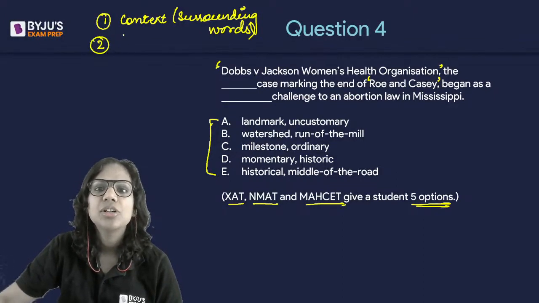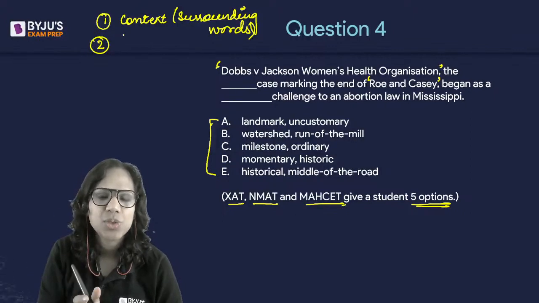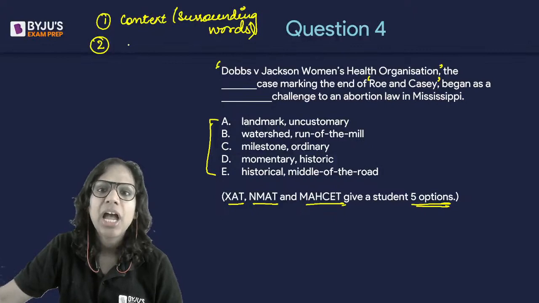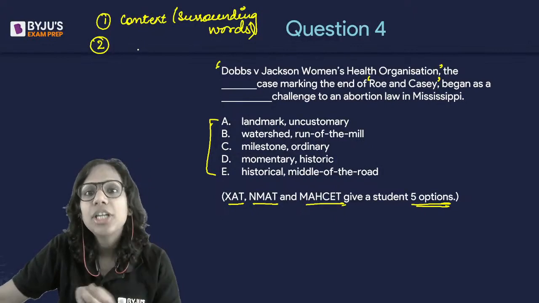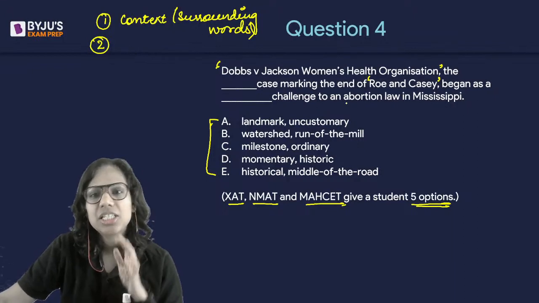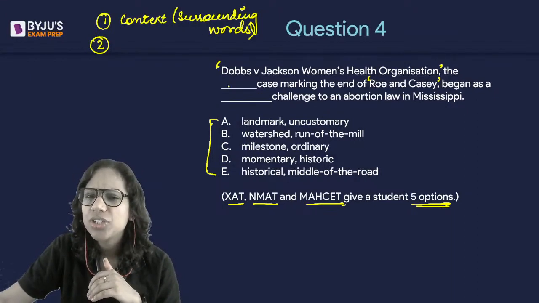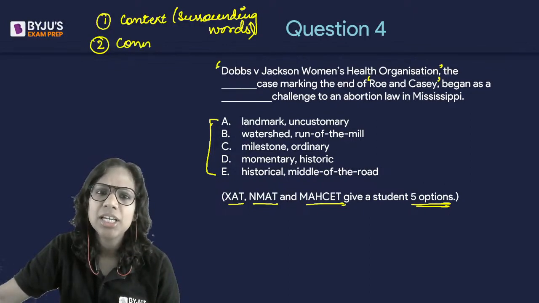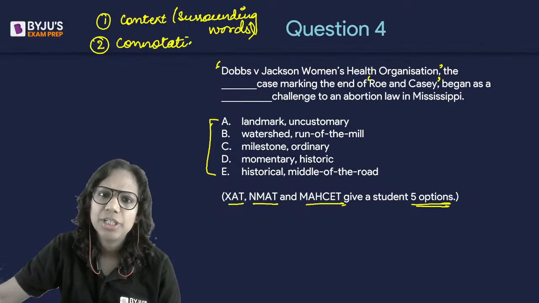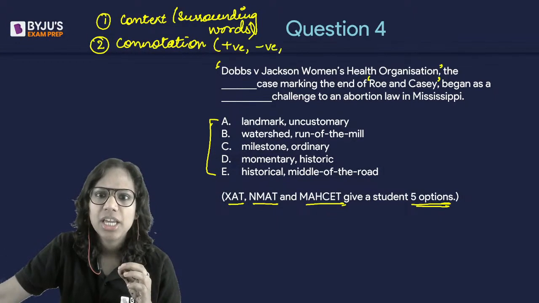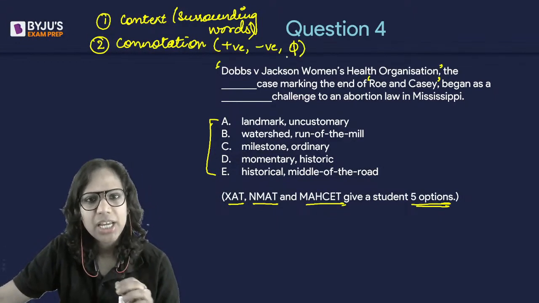So I am recalling the meanings of various words in the options and then deciding whether they will fit or not. I am also looking at the connotation of various words given in the options. So, for instance, is this a positive word? Do I need a positive word here? Do I need a negative word here? These are also some things that we are evaluating. So connotation, the image associated with the word, whether it is positive, negative, or neutral, right?